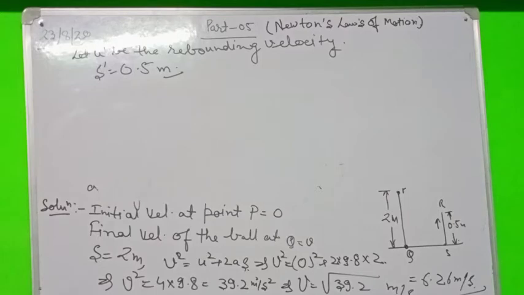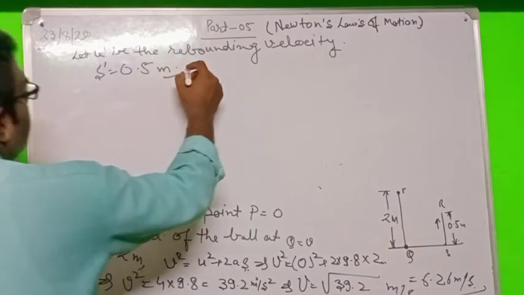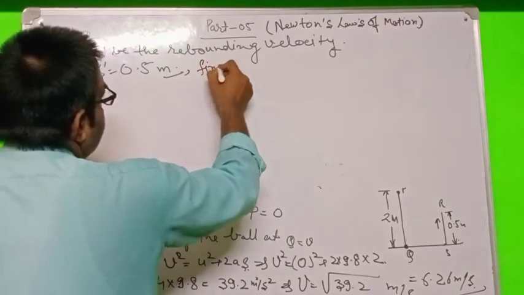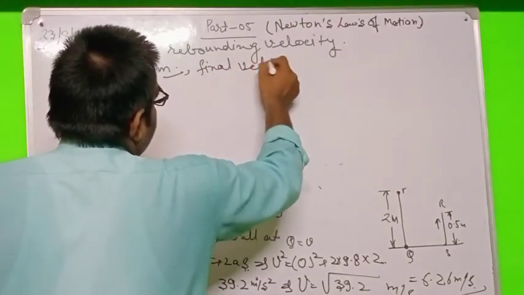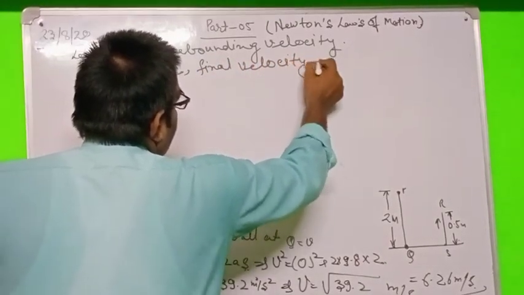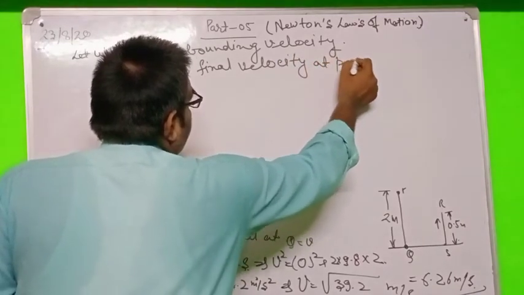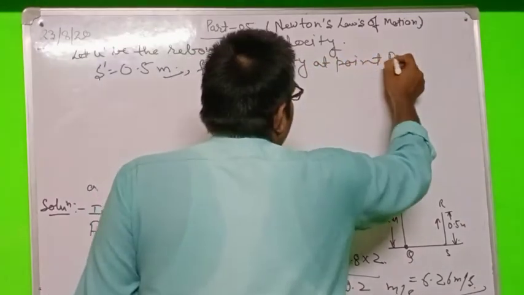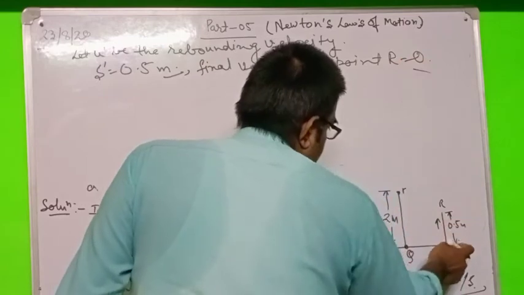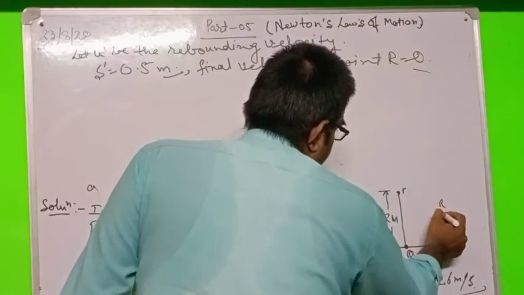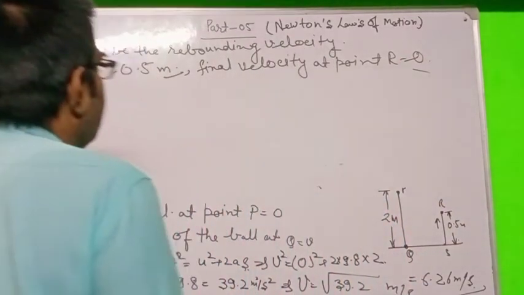Now again, the final velocity at point R is 0, because after rebounding, when the ball reaches this point, its velocity is equal to 0.